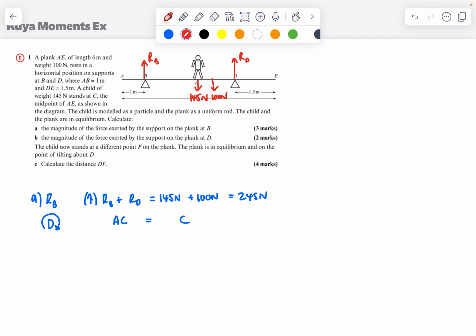And remember, if D is our pivot, then this is clockwise and this is anti-clockwise. Okay, so anti-clockwise, I've got my 245 newtons of weight, and from D that's 1.5 meters.